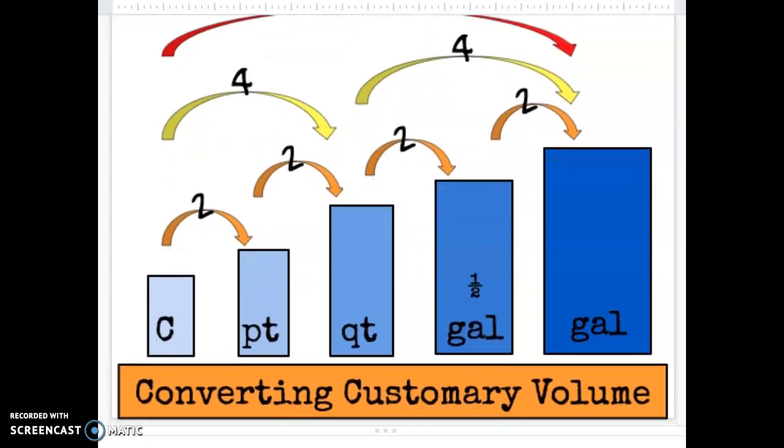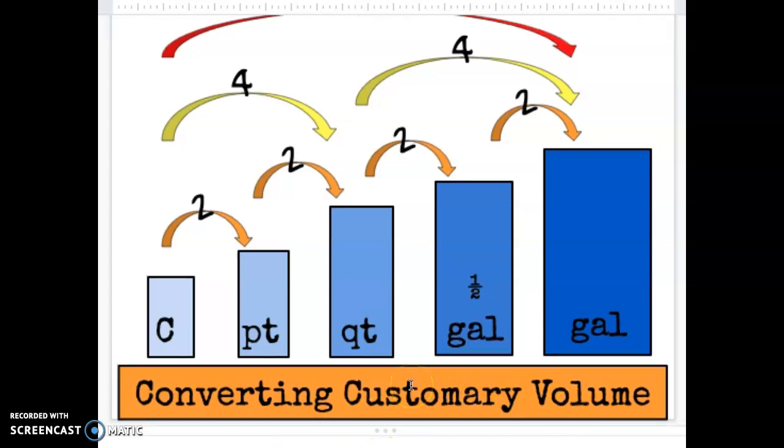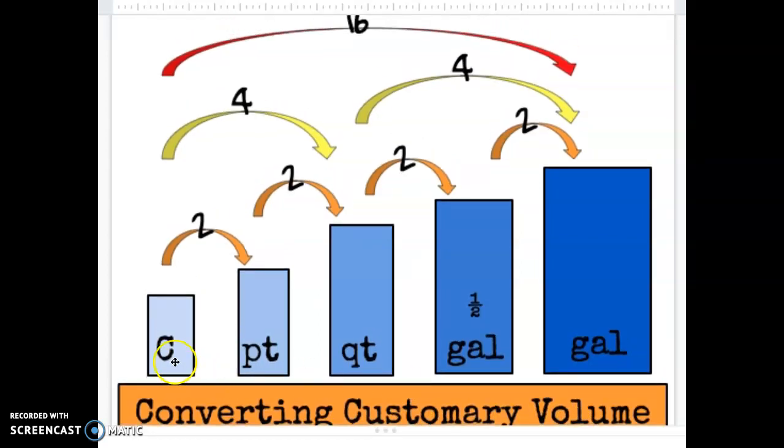It says at the bottom, converting customary volume. But in this one, we again do hopping, very similar to what we did when we had our metric system based on the powers of 10, when we hopped back and forth left and right on our chart, and then we moved our decimal the same number of places in the same direction.